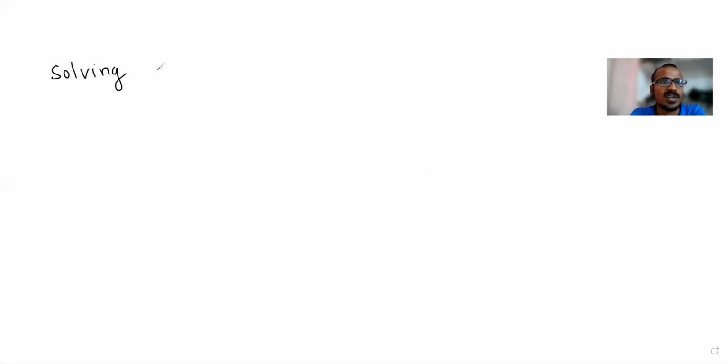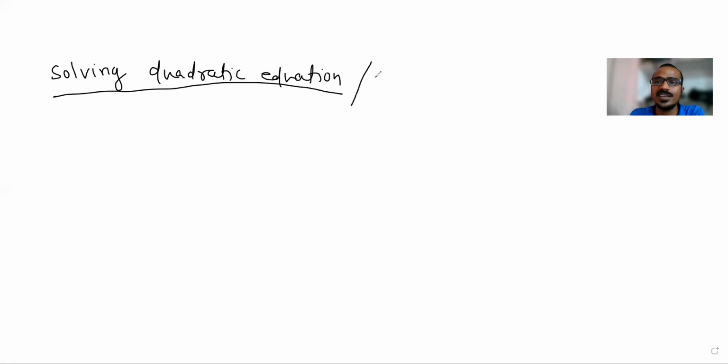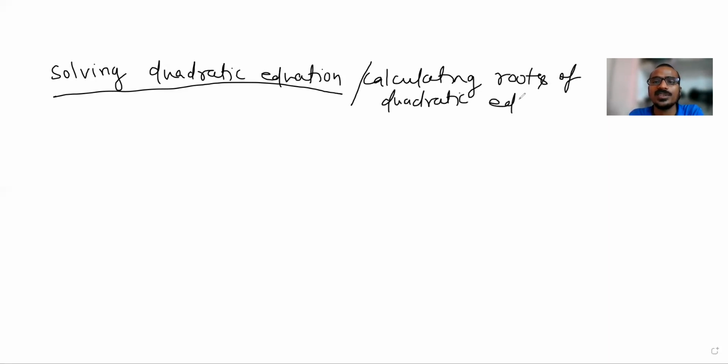Solving a quadratic equation, or we can say calculating the roots of a quadratic equation. How can we solve a quadratic equation? And in another form, how can we calculate the roots of a quadratic equation?